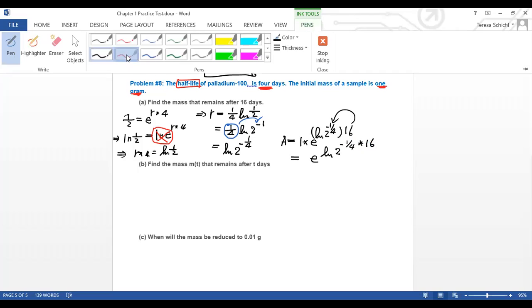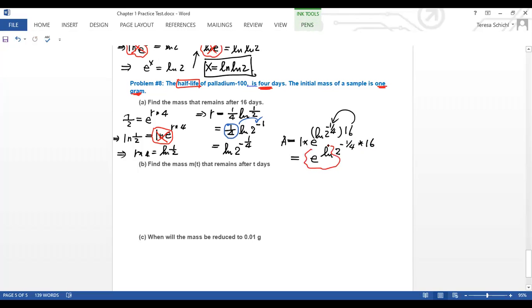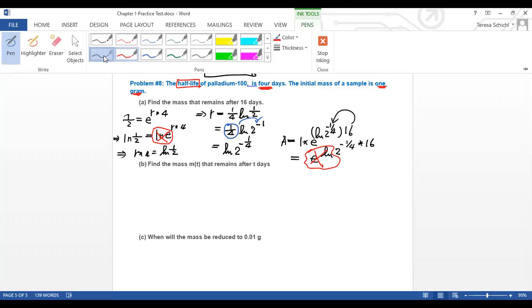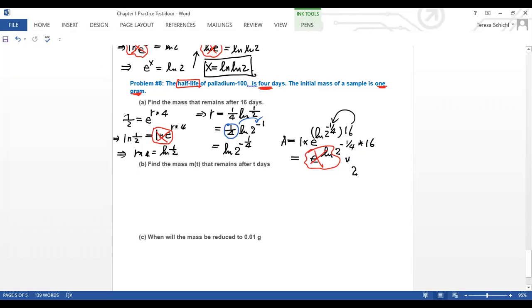Now I can use the exponential here. I can cancel that out. So I will have 2 to the power of 16 times negative 1/2, which is negative 4. So this is 1 over 2 to the 4, so it's 1 over 16, right? So that means after 16 days, I'm going to have 1/16 gram here.